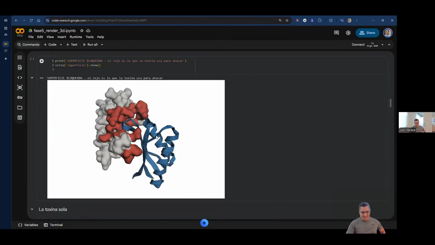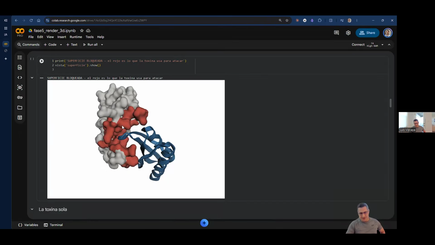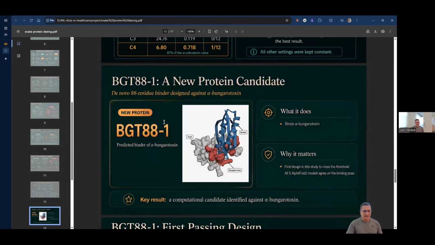You can see here the red area is like the receptors, the face receptors that attach to the muscles. What the blue protein does is attach there. So once they are attached, the toxin cannot fit into the muscle. It's neutralized. That's the main contribution of this research.